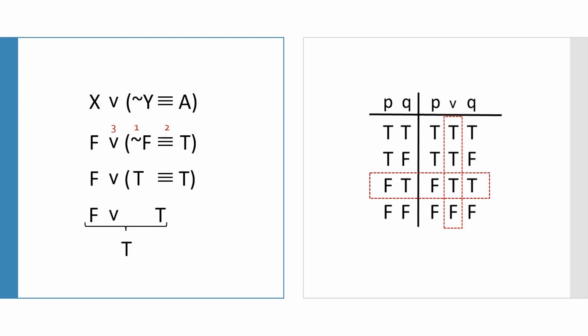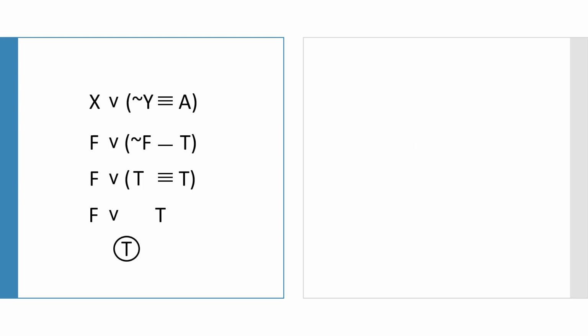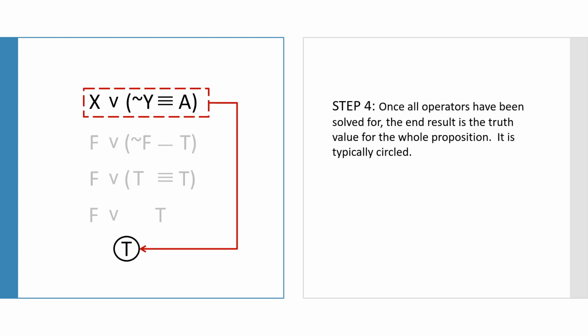So we discover in the end that this must be a true statement. So again, the last step is to simply circle that truth value so you know that you've solved for it. And what this shows us essentially is that this original statement, X or not Y if and only if A, that this entire statement, assuming the truth values that we've given are correct, is in fact true.